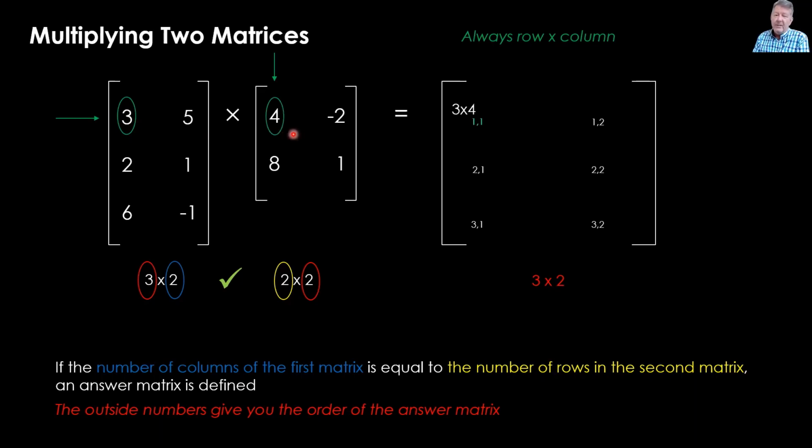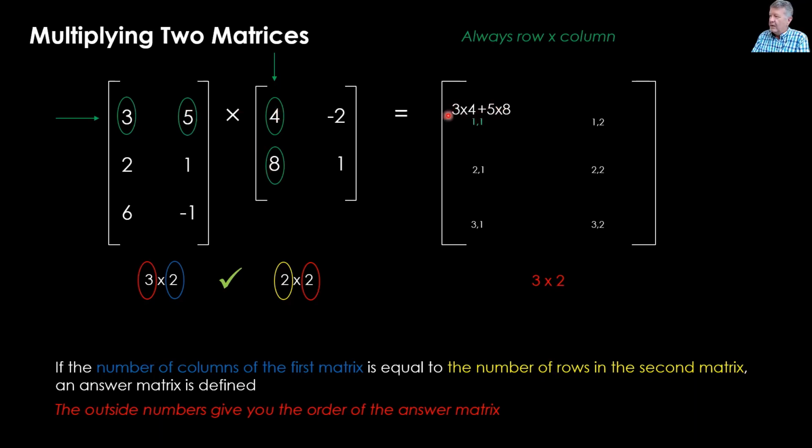That bit's straightforward. Plus, now this is what we have to do, plus the second number here and multiply by the second number here. So it's going to be 3 times 4 plus the 5 times the 8.